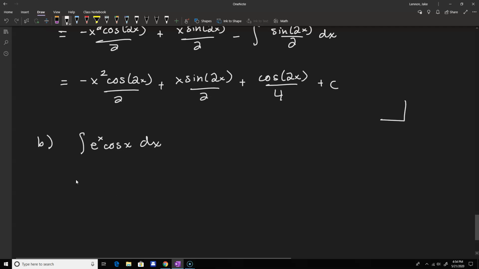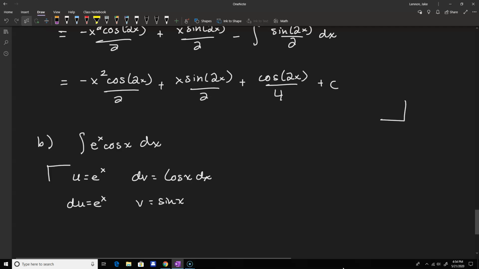So let's go ahead and pick u to be e to the x and see if this works, and dv to be cosine of x dx. So we would get du is equal to e to the x, and we would get v is equal to the sine of x.